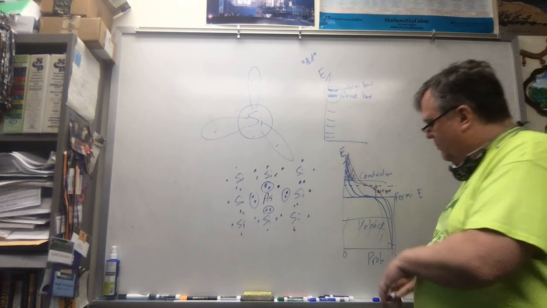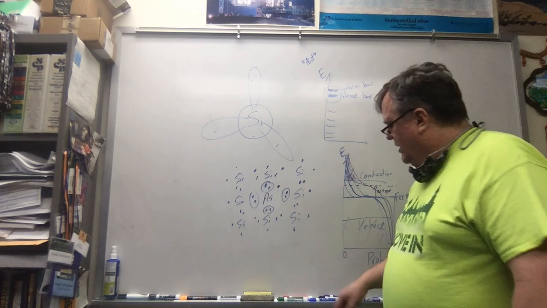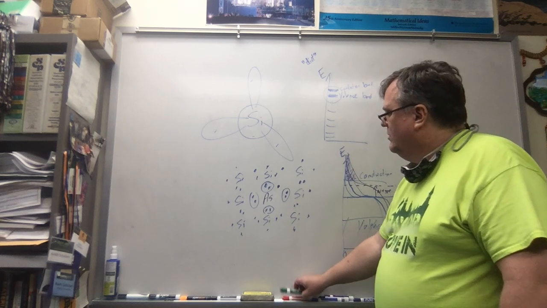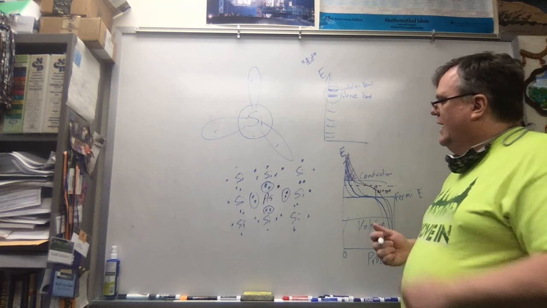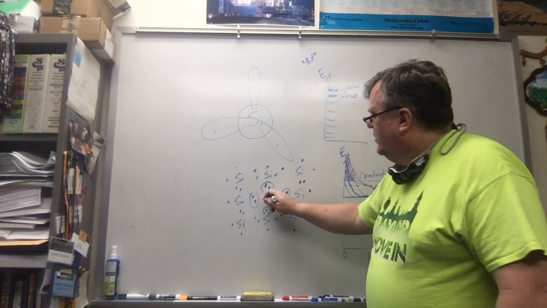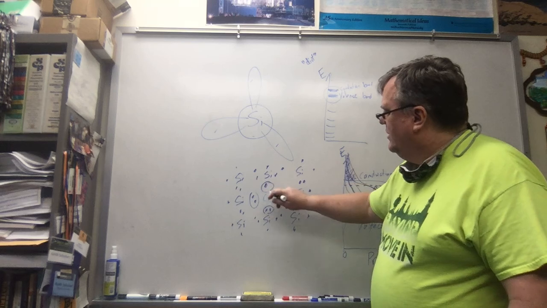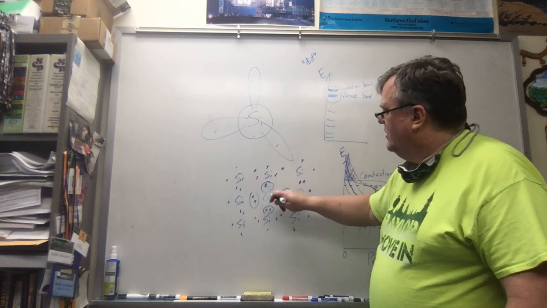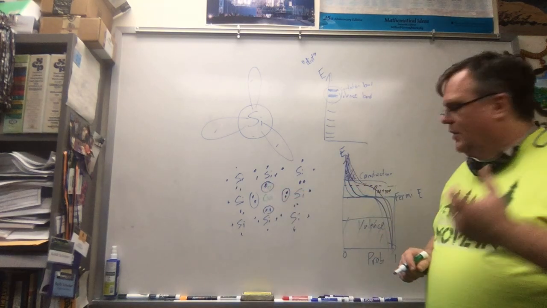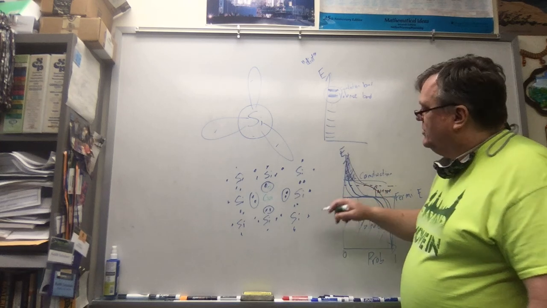P types is I replace from the other side. So instead of arsenic, what if I used gallium? Gallium would only have 3, so I would replace this one, say, with gallium, and it is missing an electron. So we draw that little blank hole there. That is the P types, for positive charge carrier.